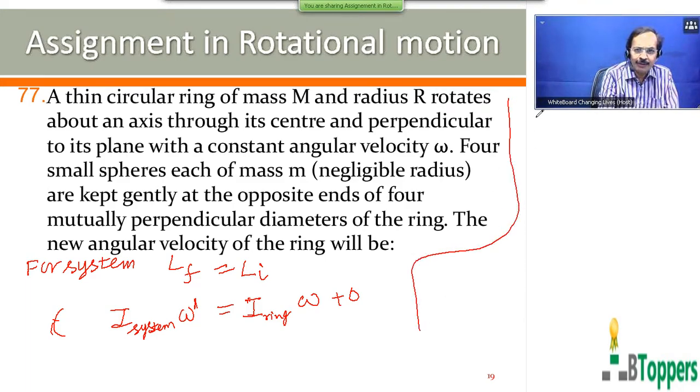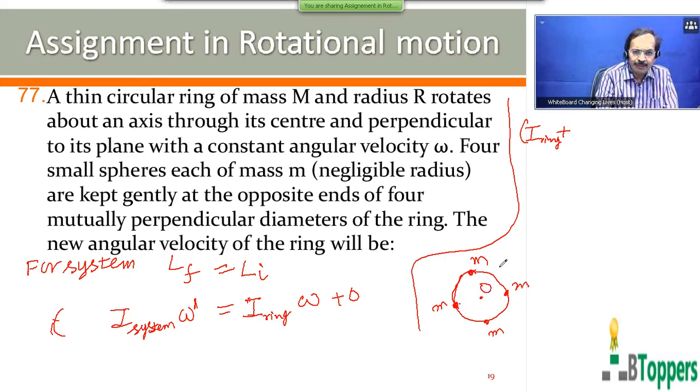Final moment of inertia of the system is equal to the moment of inertia of the ring plus the moment of inertia of the four small spheres. We are asked to neglect the radius of each sphere. Therefore, each sphere can be treated like a point mass, which are arranged like this.